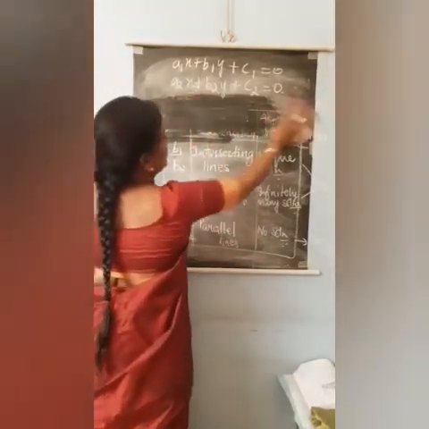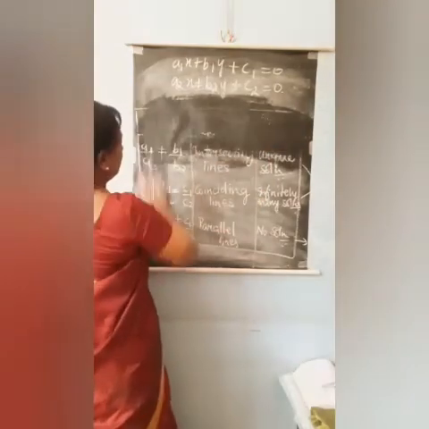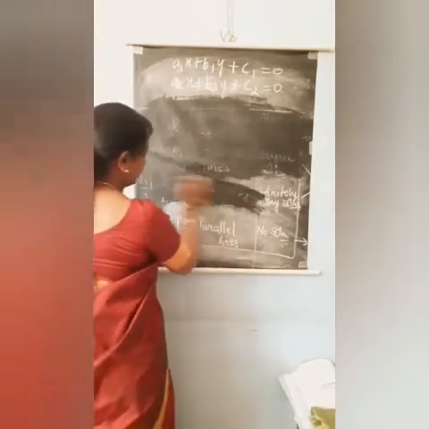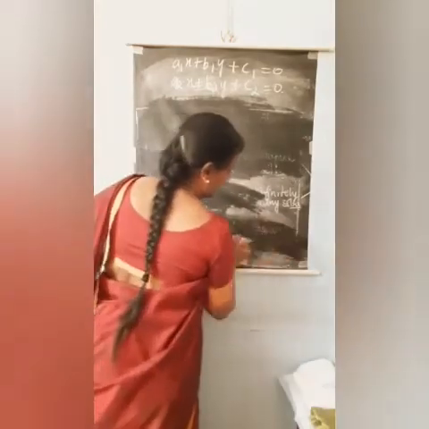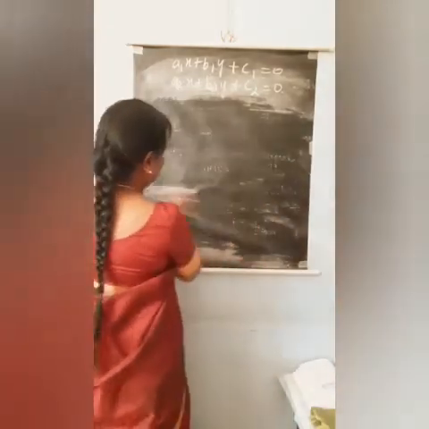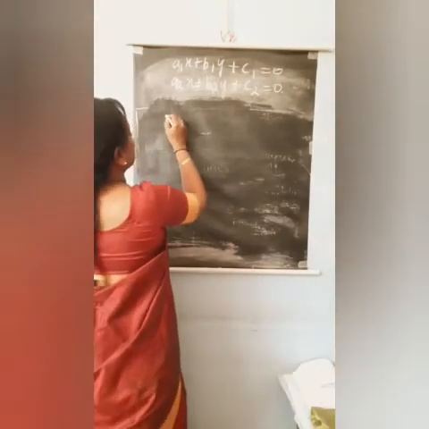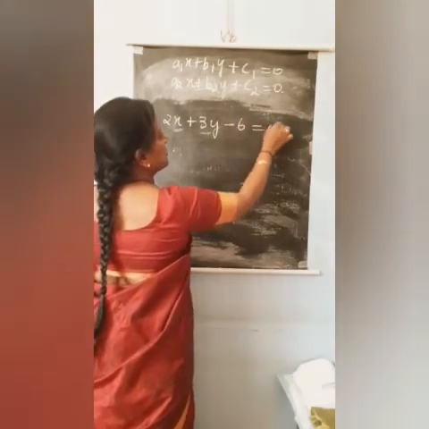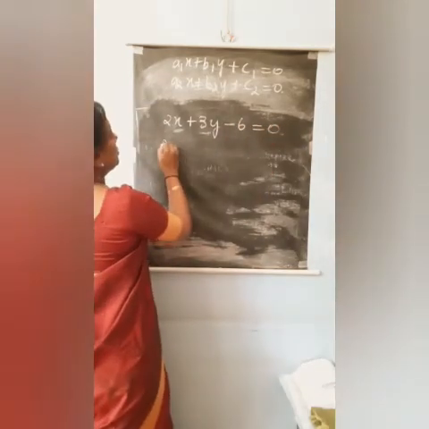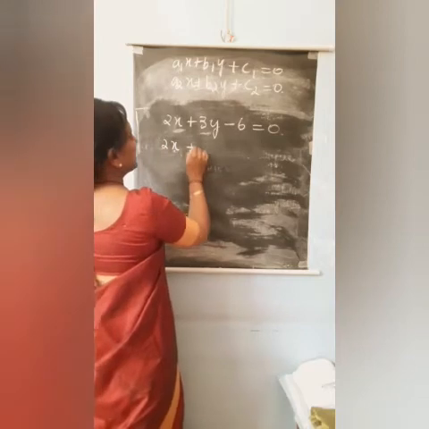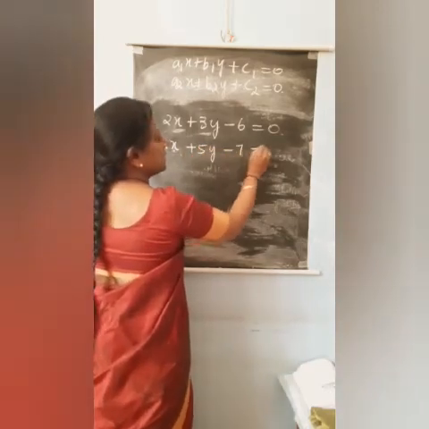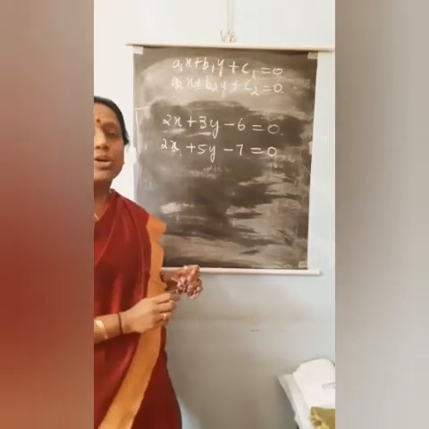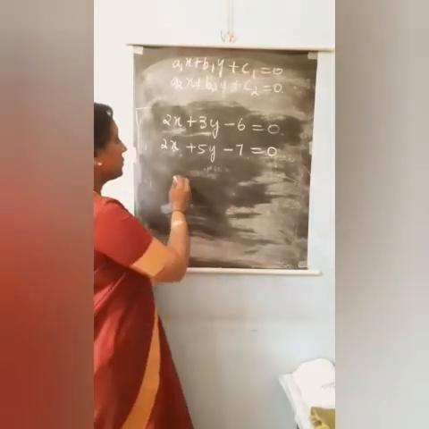Okay, so supposing I have, let us have an example. Say 2x plus 3y minus 6 equal to 0 and 2x plus 5y minus 7 equal to 0. Now, if we compare the coefficients of x and y, what will I get?